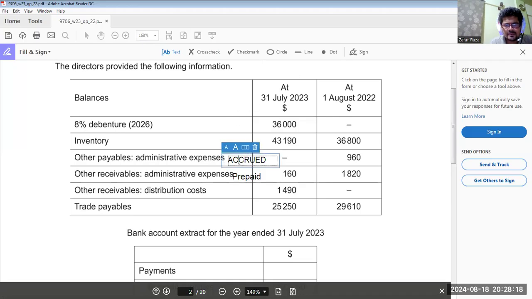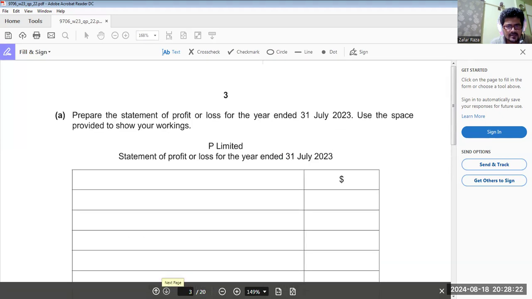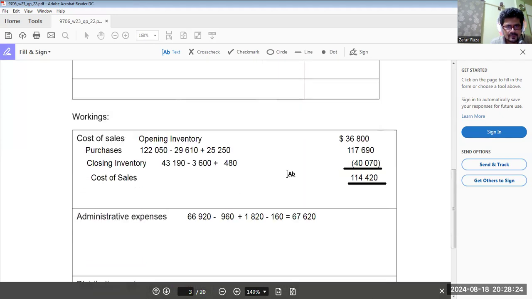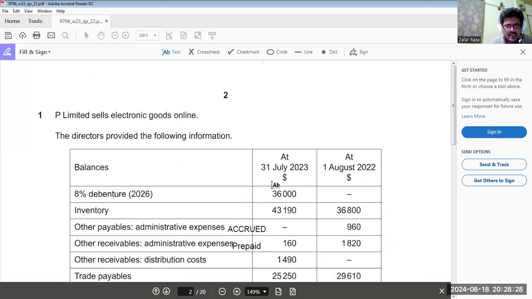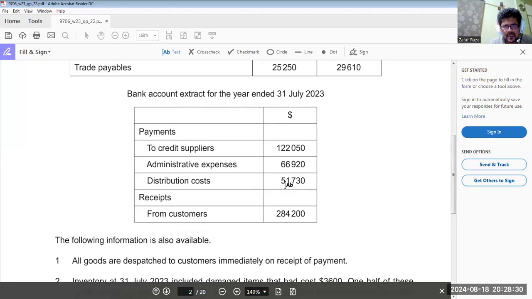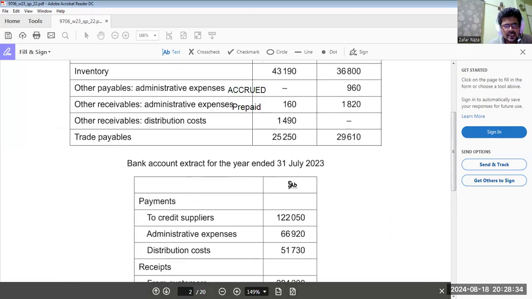Now move to the last box, distribution cost. See how much distribution cost we have paid: 51,730. Again, this is prepaid. Prepaid at the start of the year is not given, but prepaid at the end of the year is given.